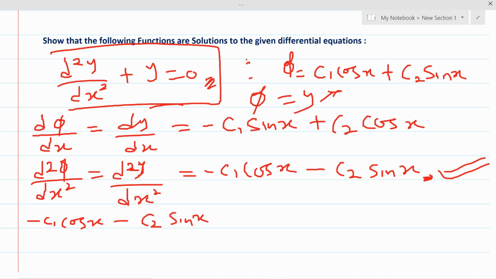Then I add it to y, which is equal to phi, that is c1 cos x plus c2 sine of x.